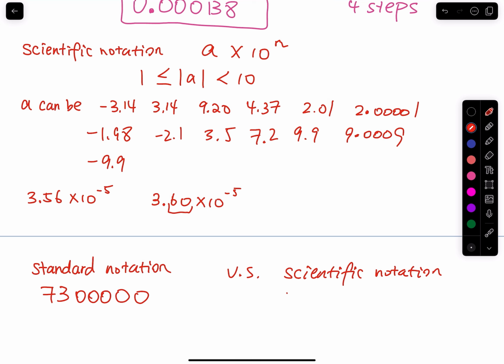And then for scientific, you have 7.3, between 1 and 10, times 10 to the what power. So let me grab my highlighter. This is times 10 to the, starting at 7.3, 1, 2, 3, 4, 5, 6. So that is 6 steps. And this is to the 6th power. So that is the standard notation, a very long value, versus scientific notation, a very compact form.